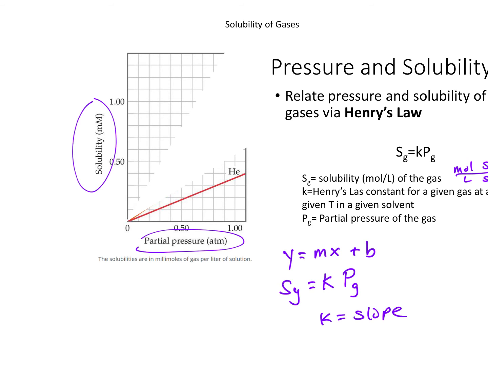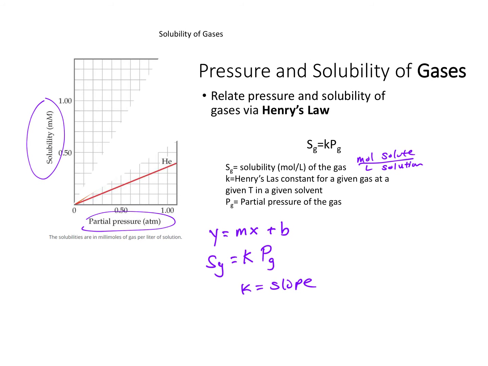I don't know that you're necessarily going to need to do any calculations with that, but I'd just like you to see that relationship. It's linear. Okay, so if we increase the pressure, the solubility of a gas increases.